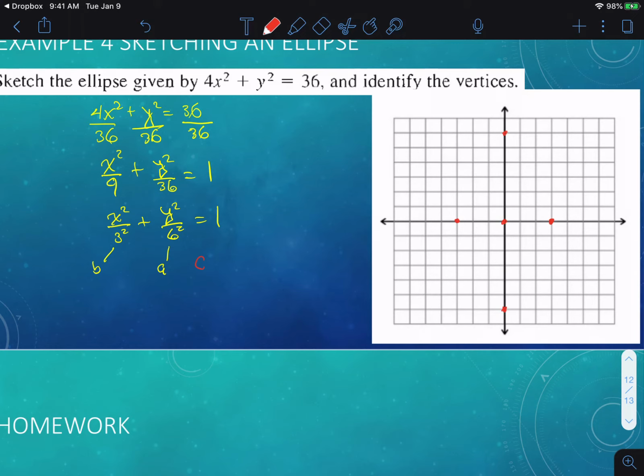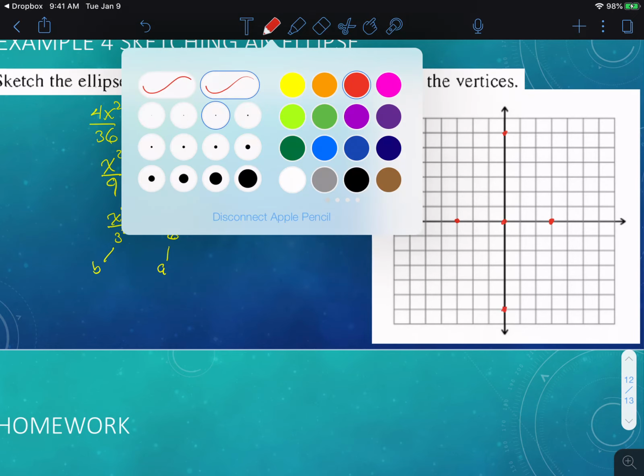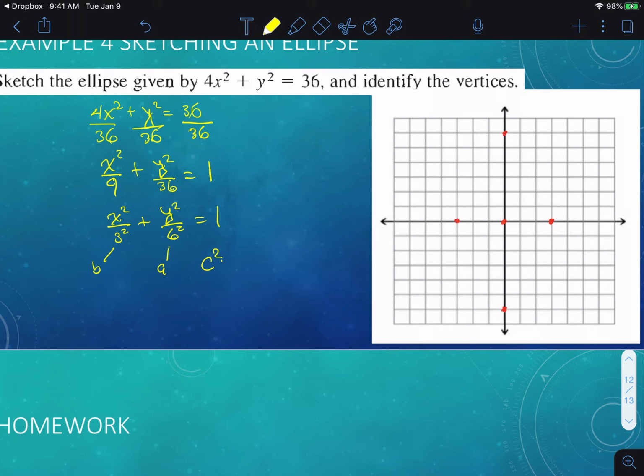It's going to be c squared. We'll do that in yellow. C squared is equal to 6 squared minus 3 squared. So 6 squared is 36 minus 9. That's going to be 27. So c squared is 27, so that means c is going to be the square root of 27. 27 is 9 times 3, so isn't this just the same as saying 3 root 3?